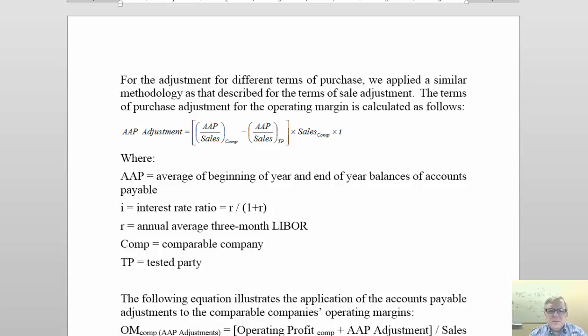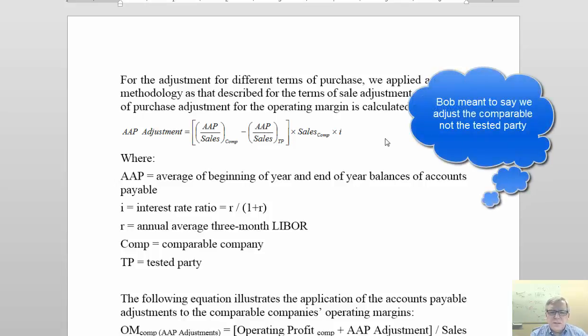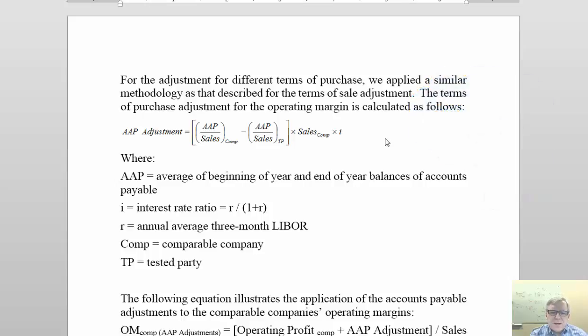And so you can see how we go about calculating the adjustment. And this comes straight from our standard template report. We've calculated the adjustment to adjust the tested party to be the same ratio of accounts payable to sales as the comparable.